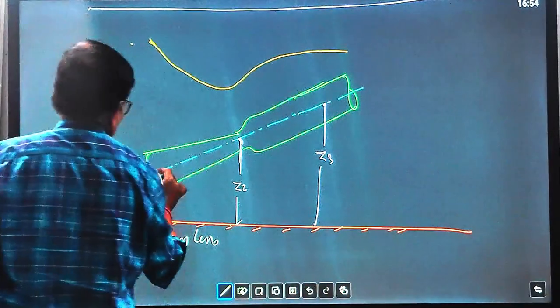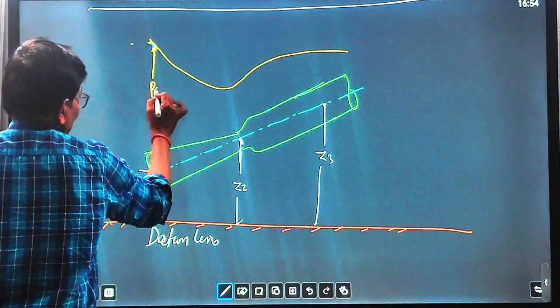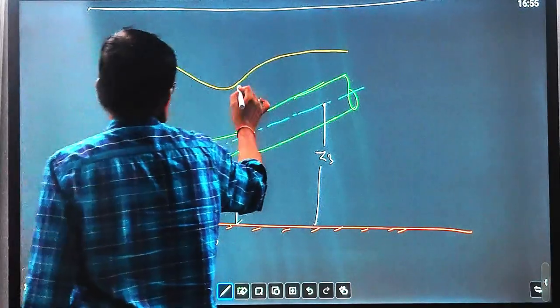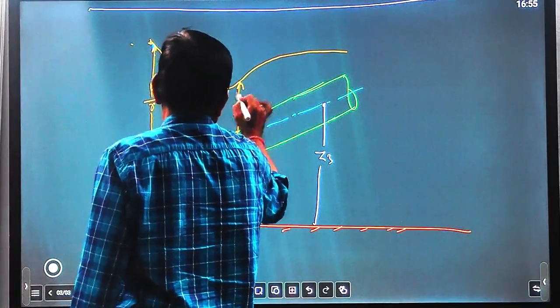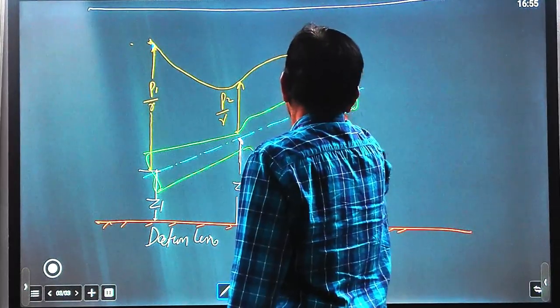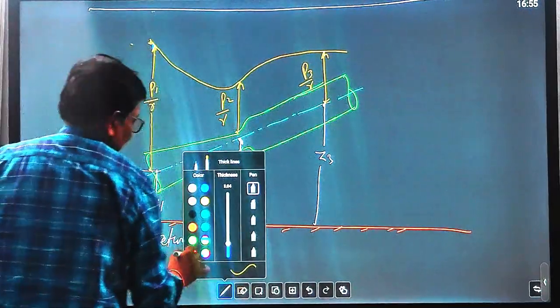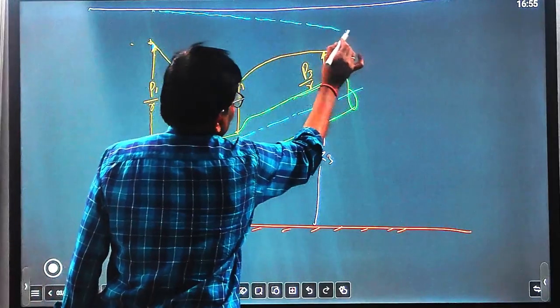From this point to this point, this is the pressure, P1 upon gamma. From here that will be equal to P2 upon gamma. Here the pressure is changing; this one is P3 upon gamma. And here the total energy line will be like this because frictional loss will be there.